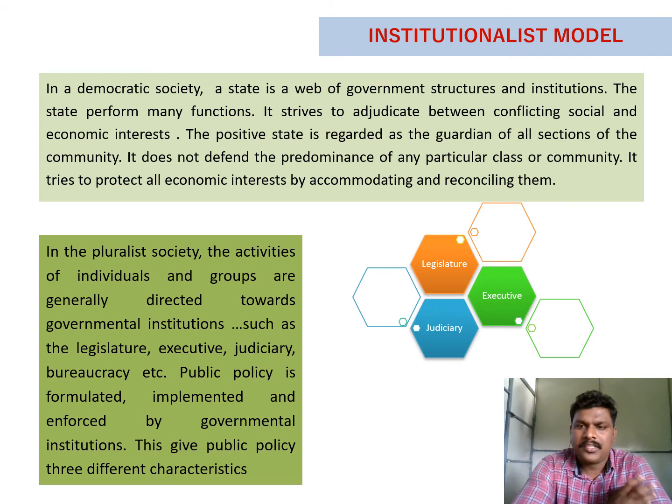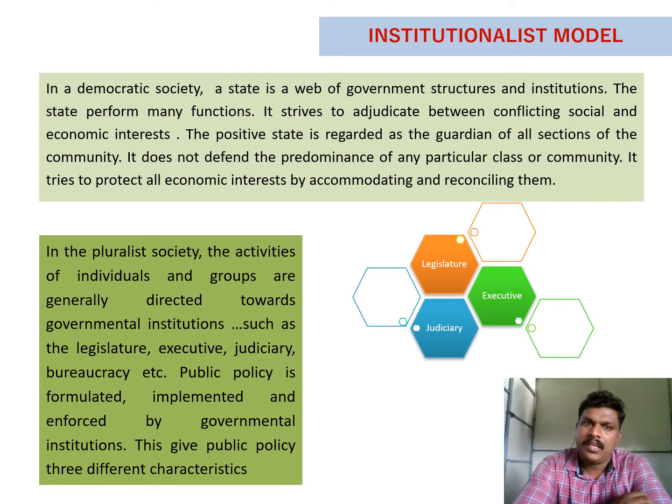It's a web of so many institutions, and it performs many functions. It tries to adjudicate between conflicting social and economic interests of different groups. In society, there will be pressures from different categories of people and social groups. So the positive state is regarded as the guardian of all sections of the community.